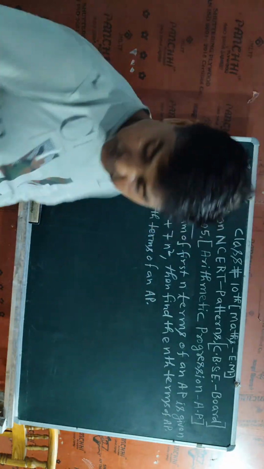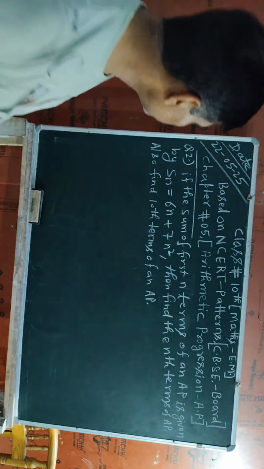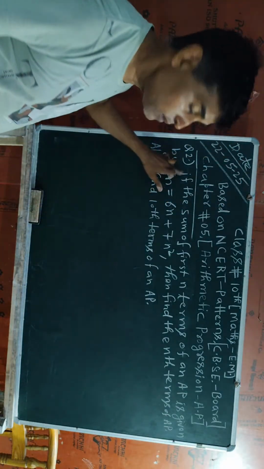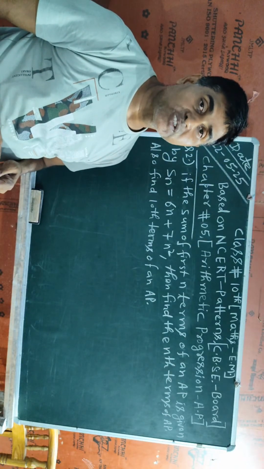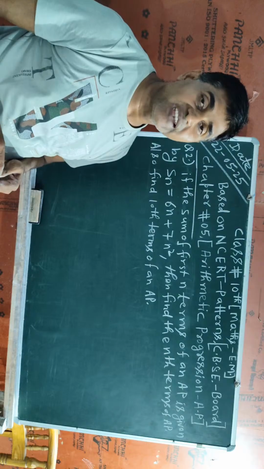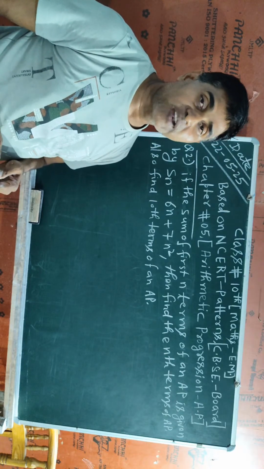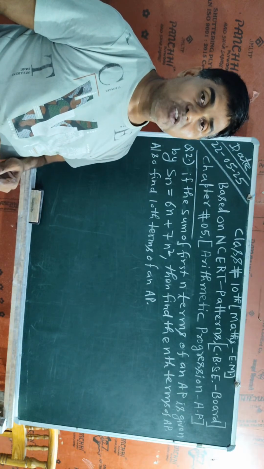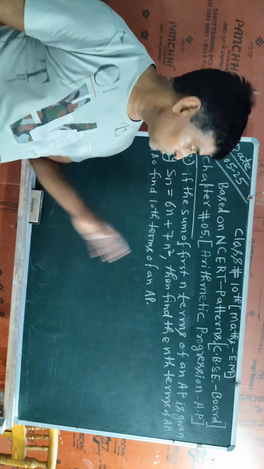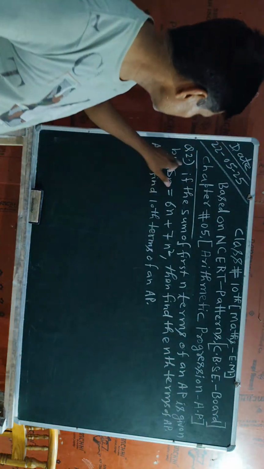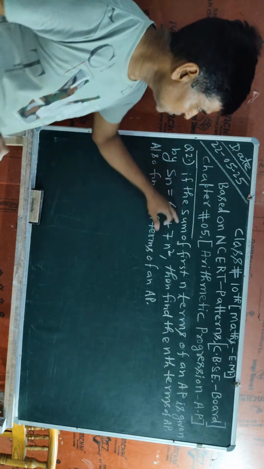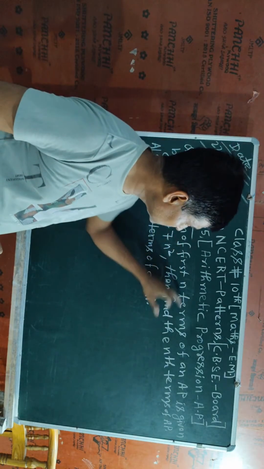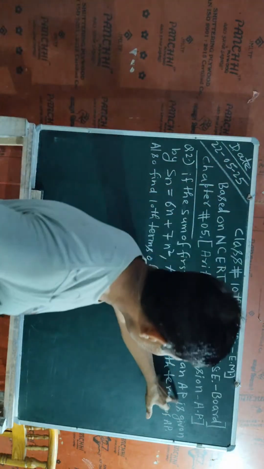Okay students, now I am going to read the question, and after reading it we have to explain its meaning, and after explaining its meaning I will solve the question according to the procedure. The question is written as: if the sum of the first n terms of an arithmetic progression is given by a formula.